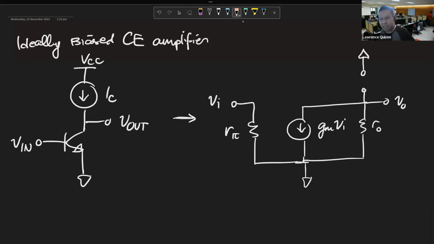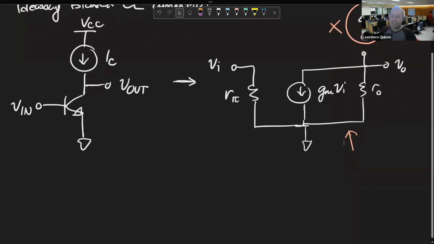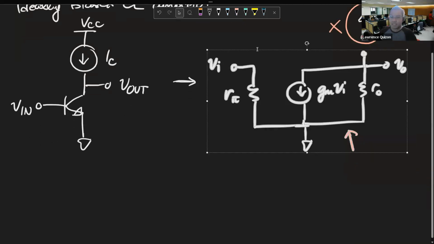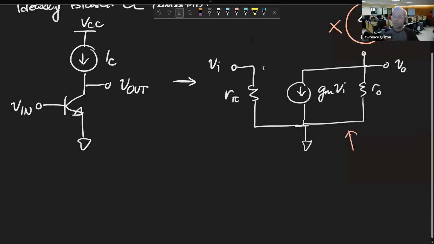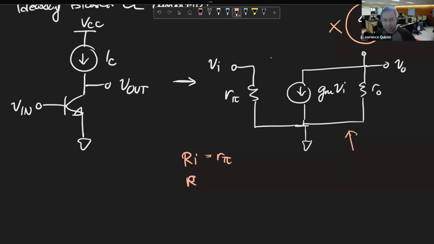And anong ma-observe natin dito? This is not actually relevant, no? So ano nakuha natin? This is the small signal model. This is already the complete small signal model that we're looking for, right? So easily, r_in is r_π, r_out is r_out, and big Gm is equal to gm, no?